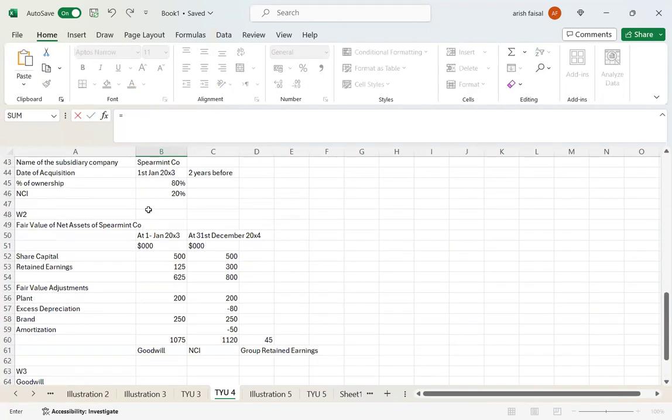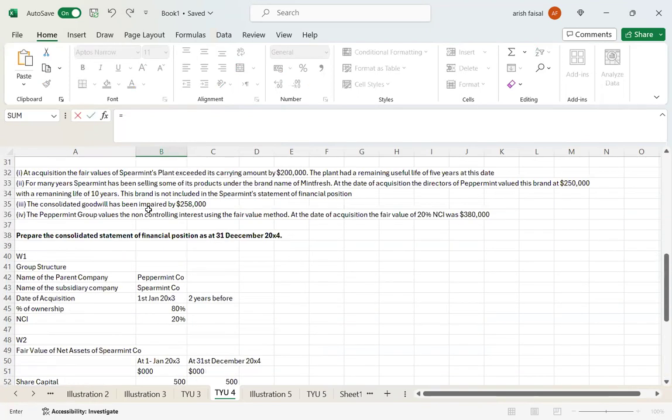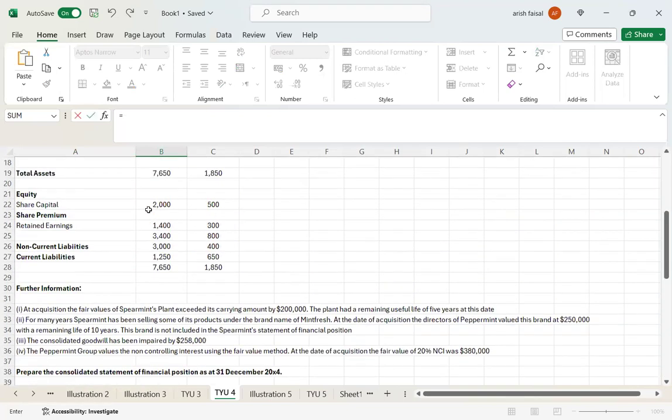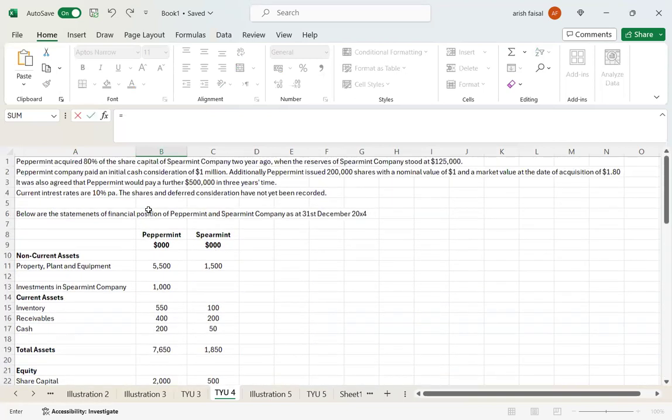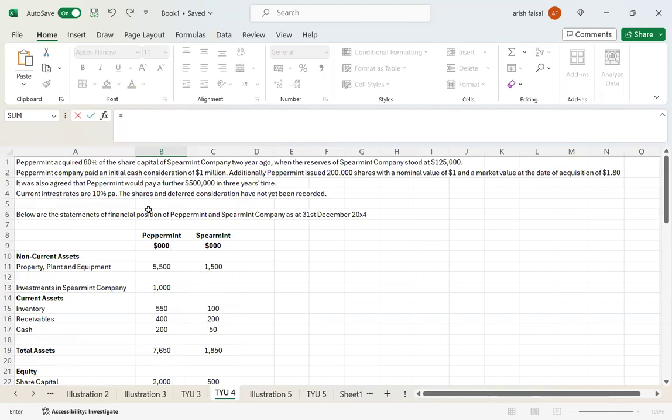For deferred consideration, I have to pay half a million, 500,000 after 3 years, right? The Peppermint Company has to pay 500,000 in 3 years' time. So now 2 years have already passed. So you do understand that this should now be classified as your current liability. Okay. Because by the next year, you have to pay it. They promised 2 years before that they will pay it in 3 years' time. So now it's the last year left.